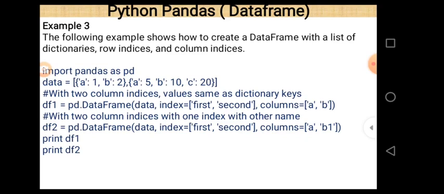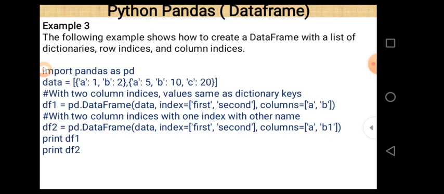Actually the column names are the keys of the dictionary, but here we intentionally and explicitly passed different column names. In the second data frame, we pass data, index first and second, and columns a and b1. So there is a little bit of difference from the previous one: the name of a column is b1, which is not a part of df1 nor of the dictionary, because in the dictionary there is no value corresponding to b1.